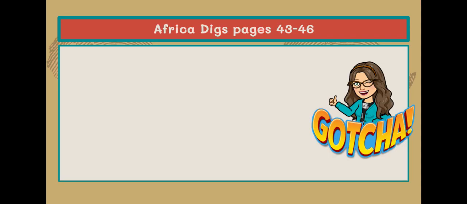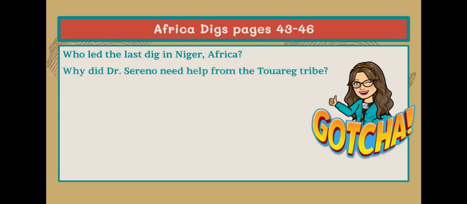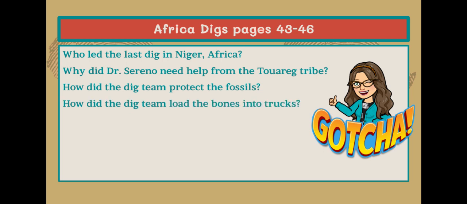Look at the questions at the bottom of page 41. I want you to follow along as I read the prompts aloud. Reading for a purpose. Who led the dig in Niger, Africa? Why did Dr. Sereno need help from the Tuareg tribe? How did the dig team protect the fossils? How did the dig team load the bones onto trucks?